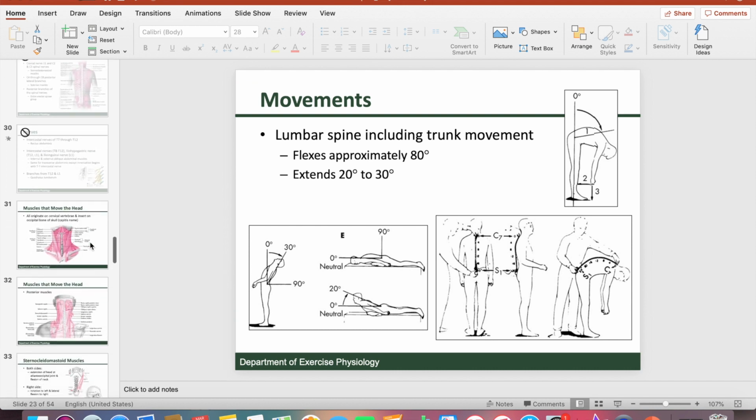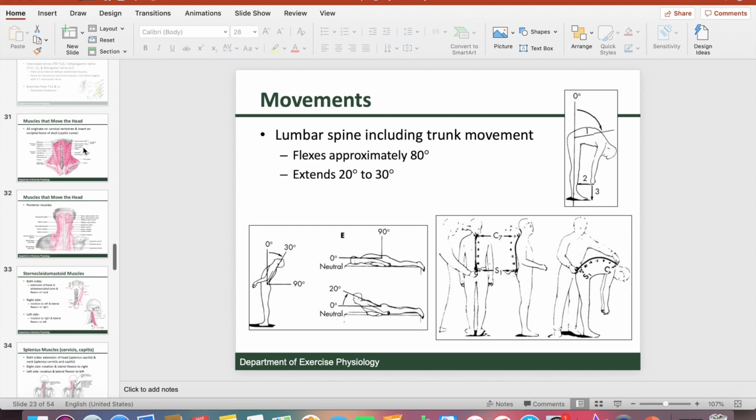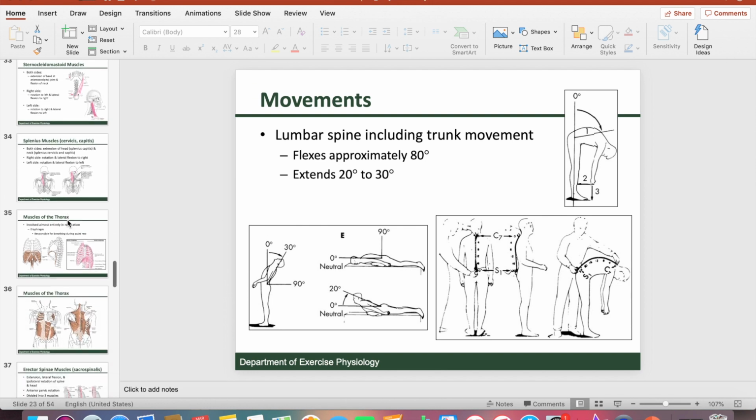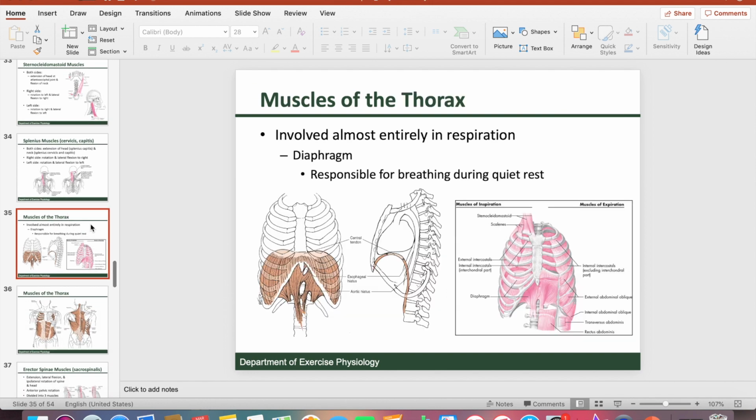As we scroll down through the different slides, these are basic movements. And as we look at the muscles, here are some individual muscles that you can review. I want to stop here at the muscles of the thorax. I mentioned in an earlier video that dominantly breathing at rest is done just by the diaphragm muscle.